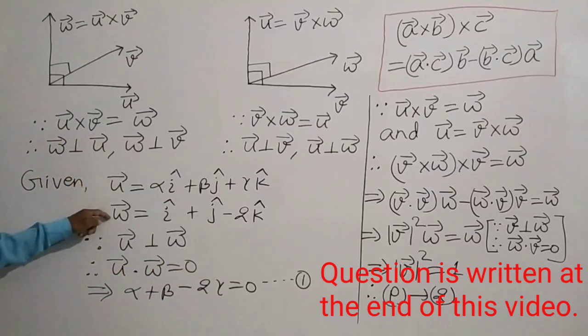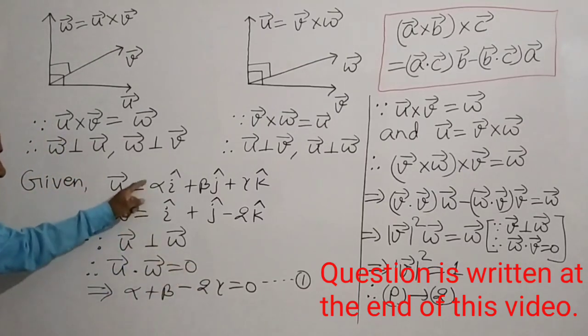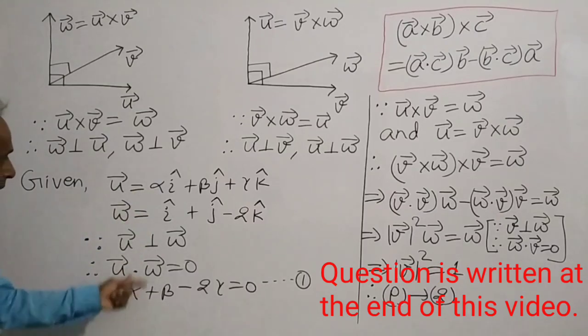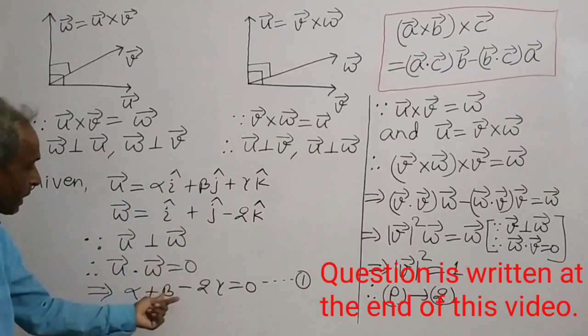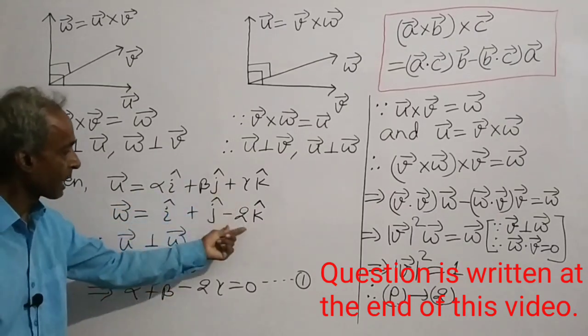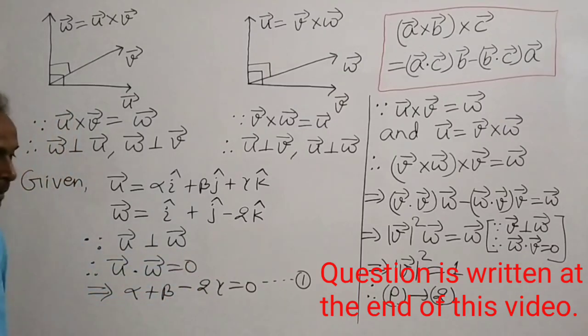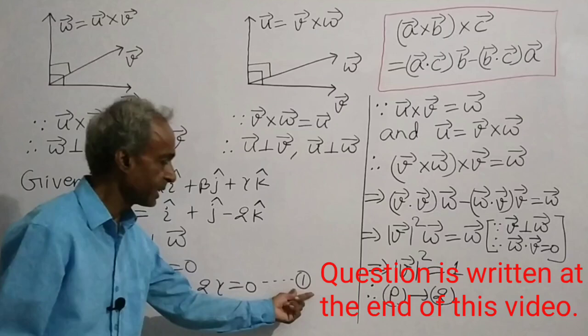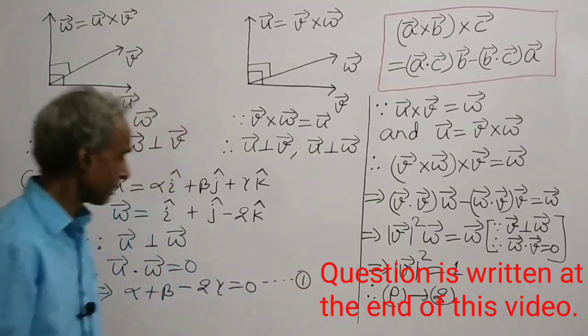That means alpha times 1, beta times 1, gamma times minus 2 will be equal to 0. We suppose this is result number 1.